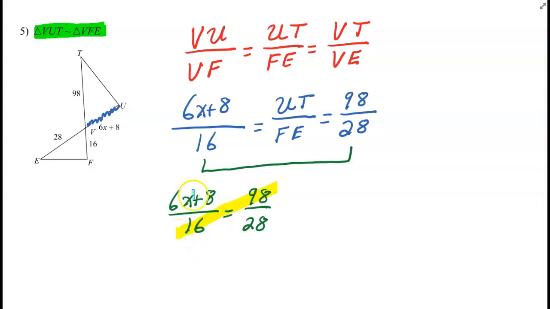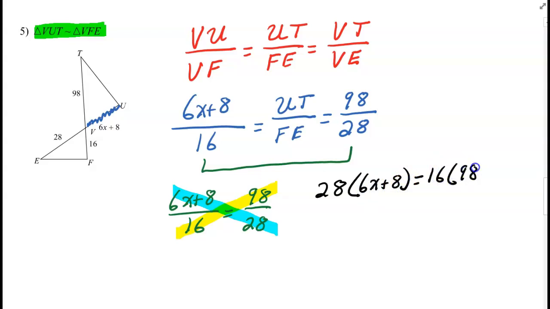I'm highlighting here for you. So when I cross multiply, I'm going to write 28 times 6x plus 8, make sure you include parentheses, is equal to 16 times 98. On the left-hand side, we need to distribute again. So when you distribute, you get 168x plus 224.